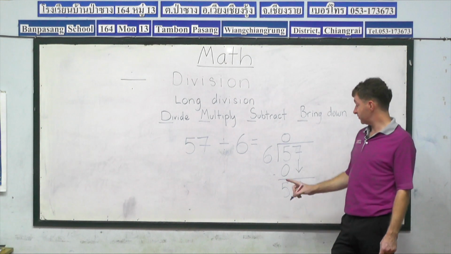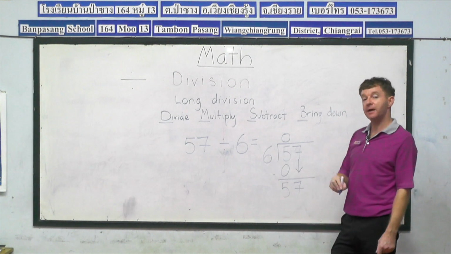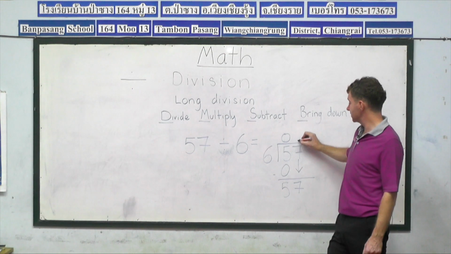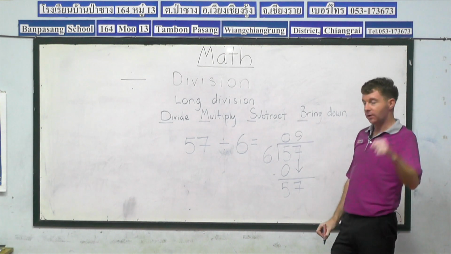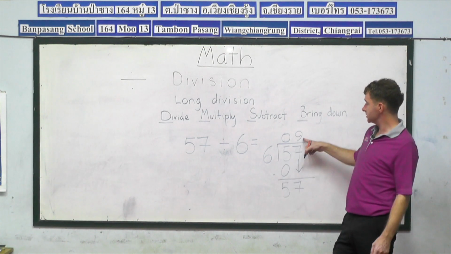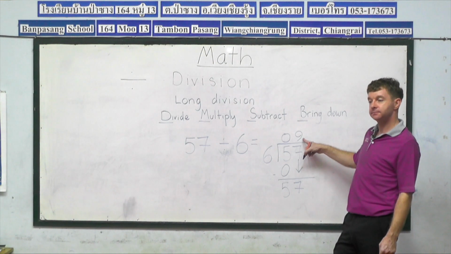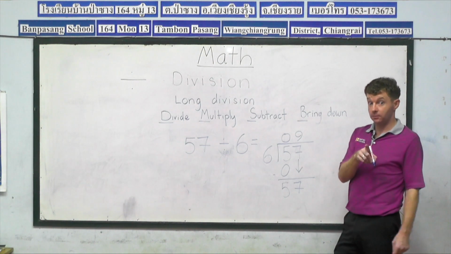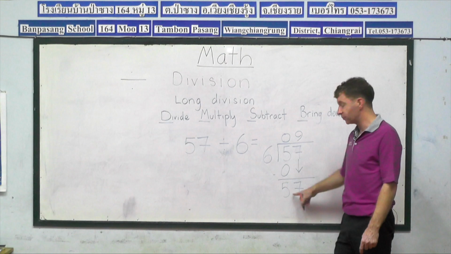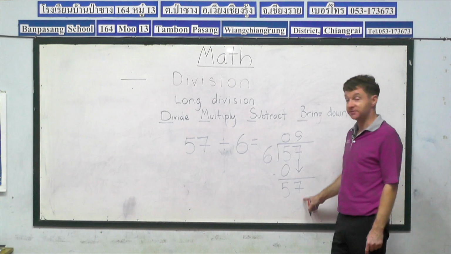9. 57 divided by 6 equals 9. Okay, so what are 6 times 9? 54, okay? 54, notice, not 57, 54.